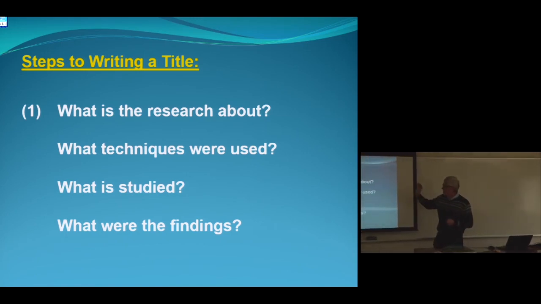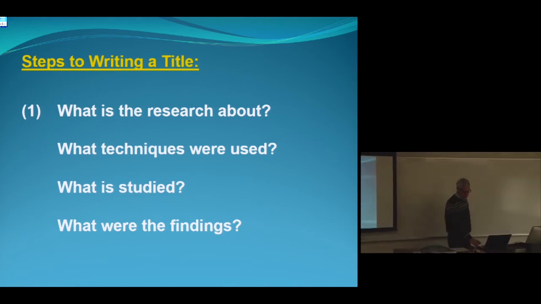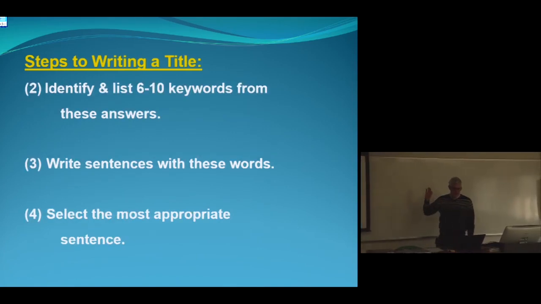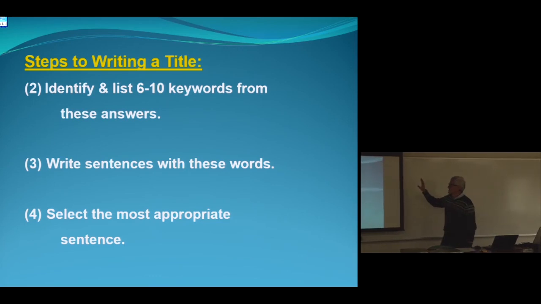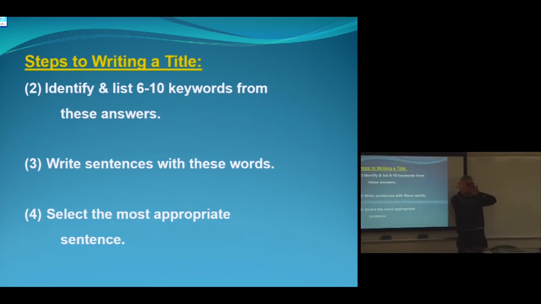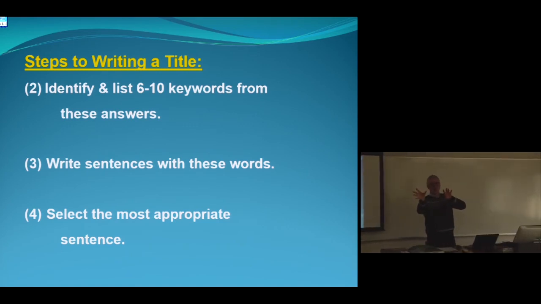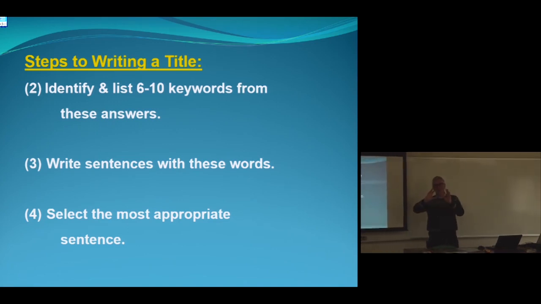And so you need to try and answer those questions and then identify or list 6 or 10 keywords from these answers. Then look at the keywords and consider, this is the highest priority, so this should come up at the front of the sentence. This is maybe less priority, at the back of the sentence.